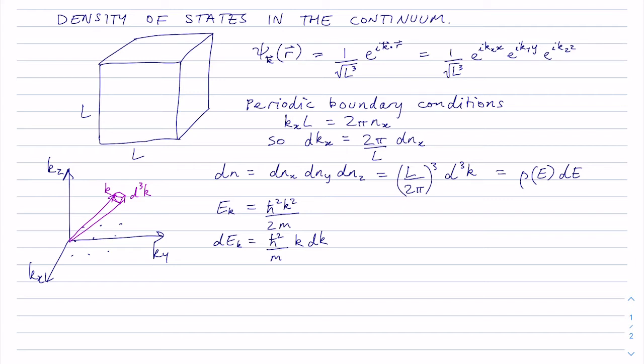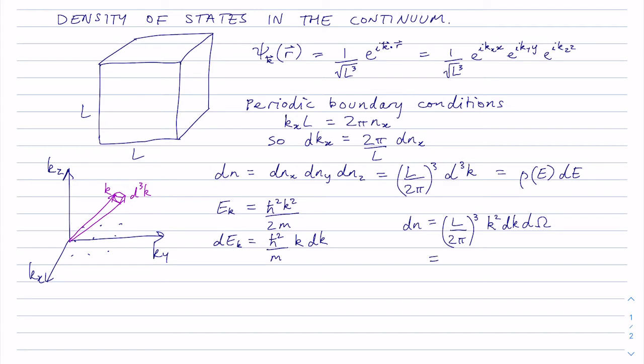Using that, I will then have dN equal to L over 2 pi cubed times d3k, which is k squared dk d omega, where d omega is the solid angle.